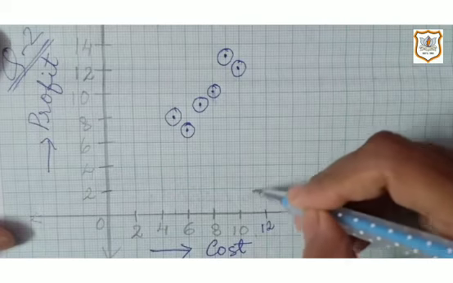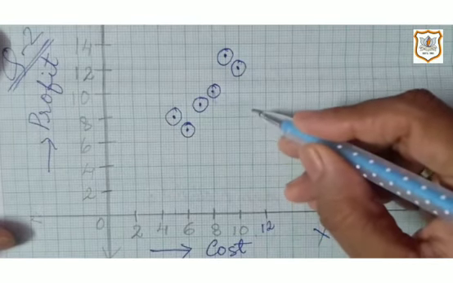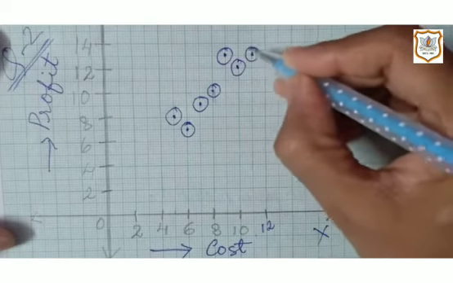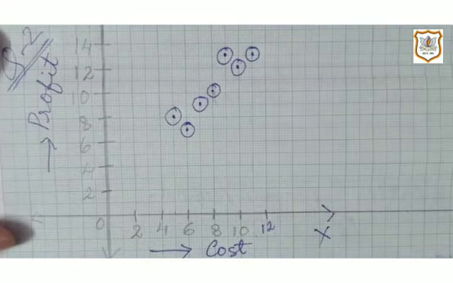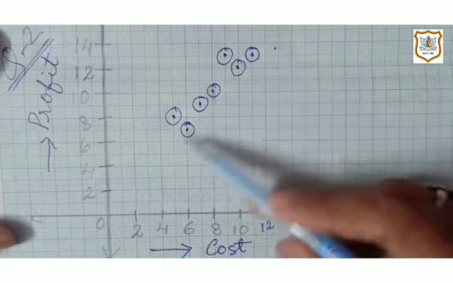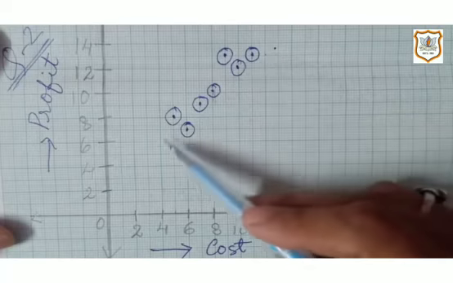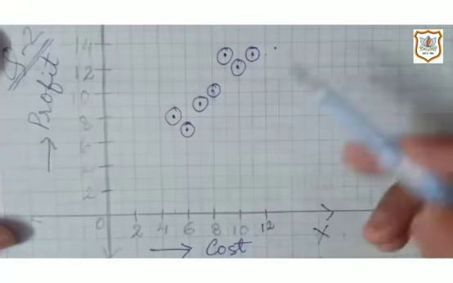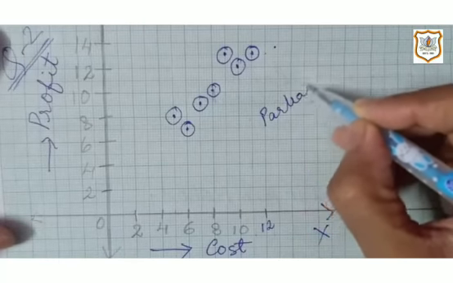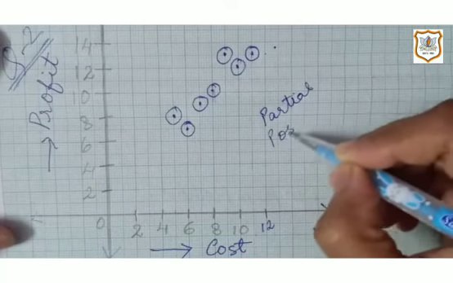So this is 11 and the point 13 is over here. So now again, if you see in this graph, the points are in increasing order but not on the same line, but they are near about the same line. So again, in this question we have partial positive correlation.